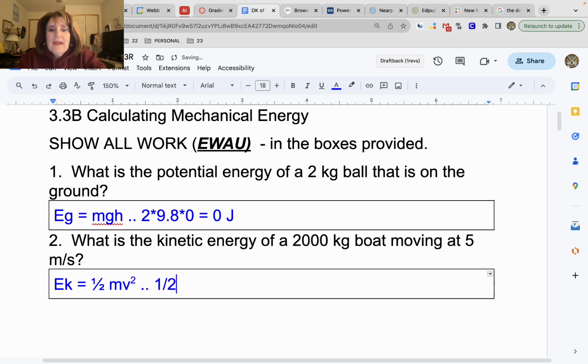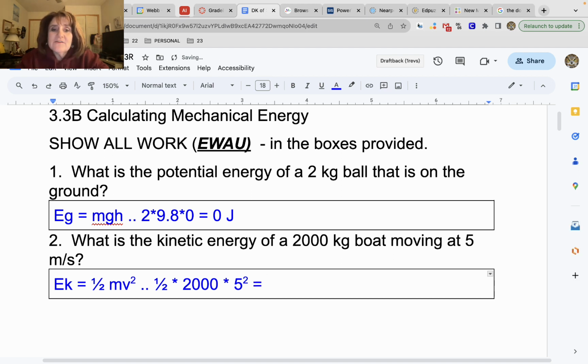So this is 1/2 the mass, so times 2,000, times the velocity, 5 squared. Remember, to come out of tiny town, you hit control period again.